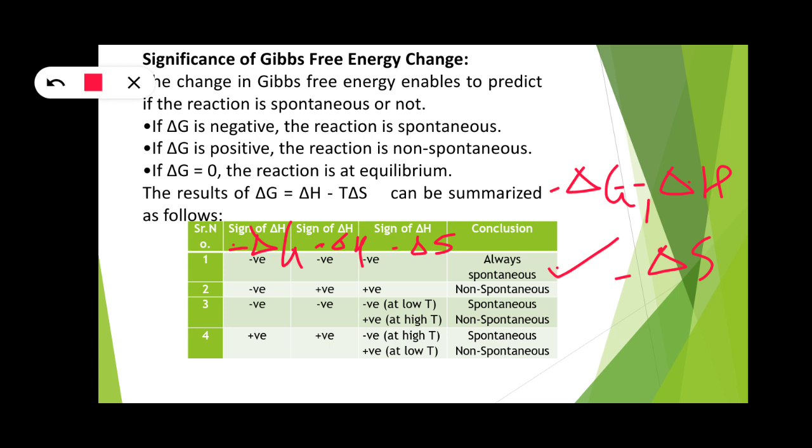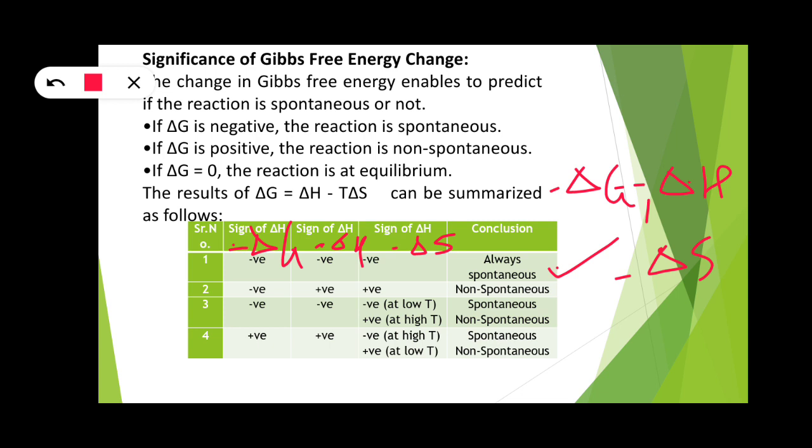In the fourth case, if delta H is positive and delta S is negative at high temperature, then the process again becomes spontaneous. But if delta S is positive, then again the process becomes non-spontaneous.